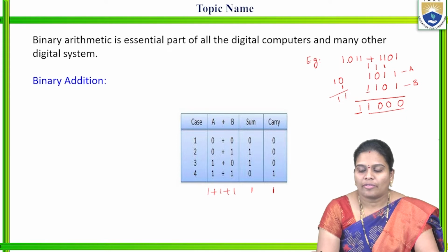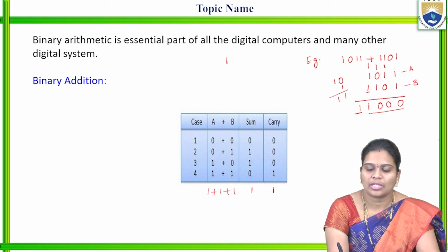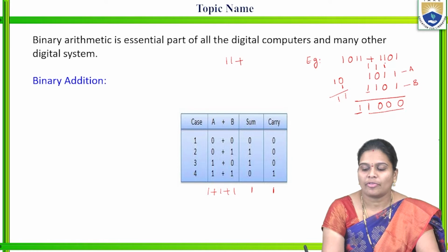Here we are taking 1 0 1 1 and 1 1 0 1. Now we want to convert these binary values into decimal form, using 2 power 0, 2 power 1, 2 power 2, 2 power 3. 8 plus 2 is 10, plus 1 is 11. For 1101: 8 plus 4 is 12, plus 1 is 13.